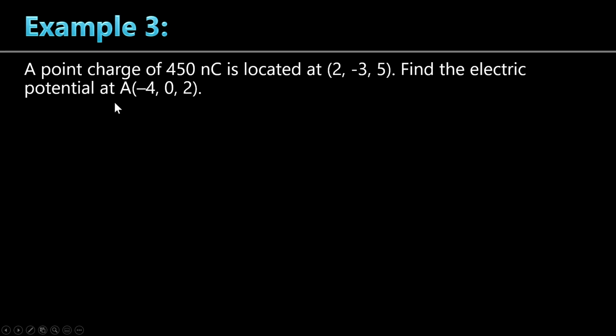So, in this problem, wala tayong nabanggit na ibang other points. Yun lang location ng point charge at yung location ng point kung saan hinahanap ang electric potential. So, that means, kinakailangan nating mag-assume na ang reference point natin ay infinity kung saan ang electric potential ay 0. 'Di ba?